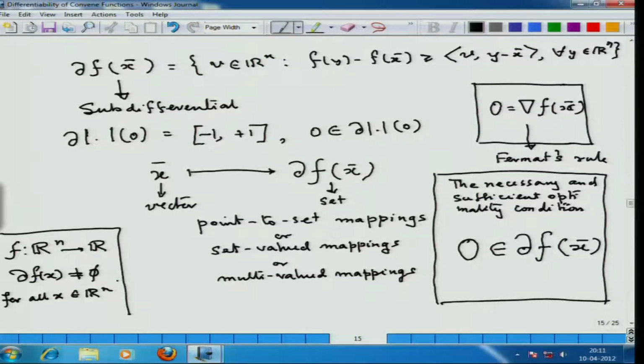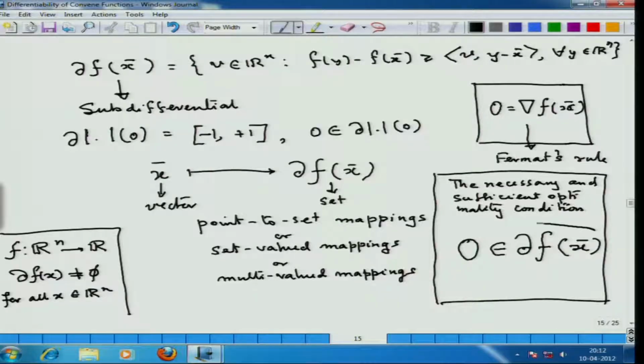So, this non-emptiness is a very very important part. So, all this what we are telling makes sense. So, whole of convex optimization, the optimality criteria is actually nothing but trying to tell this in many ways.